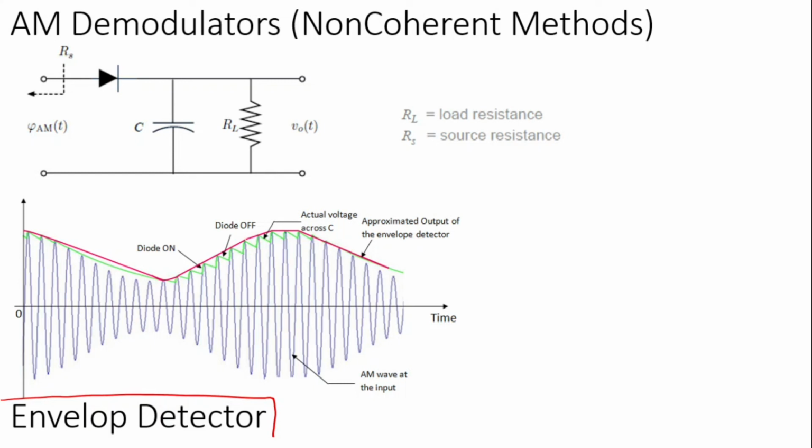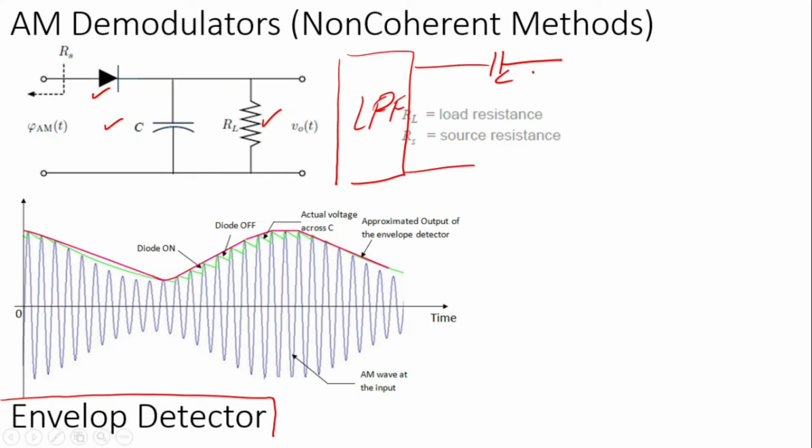So this envelope detector contains a resistor and a capacitor in parallel, then we have a resistor, and after that again we would have over here a low pass filter, and eventually we would have a capacitor in series, and then over here across this resistor we would have an output which would be related with the message signal m of t. So this is actually the complete circuit of an envelope detector.